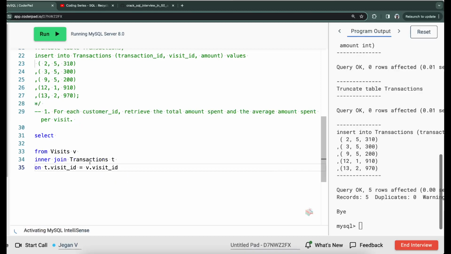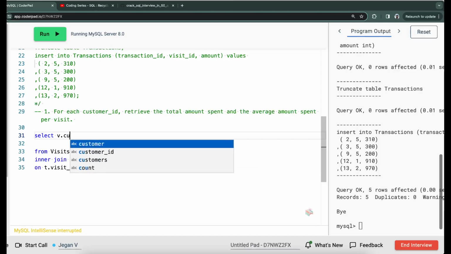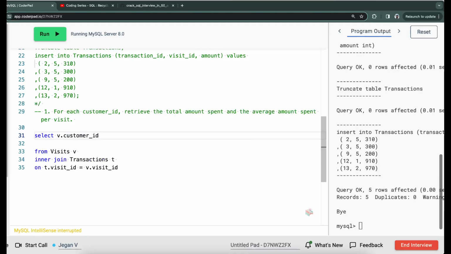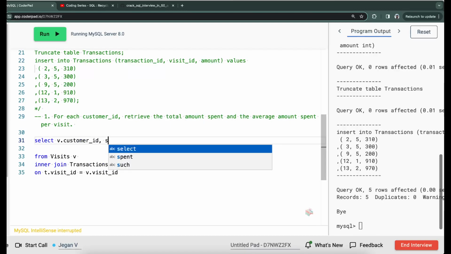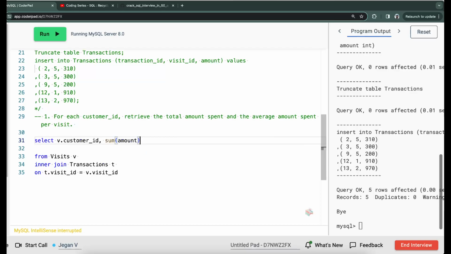So for every visit we look for the transaction. What are the things we look for? v.customer_id and then total amount spent. Total amount spent is the amount in the transactions table, so the total amount is sum of amount.